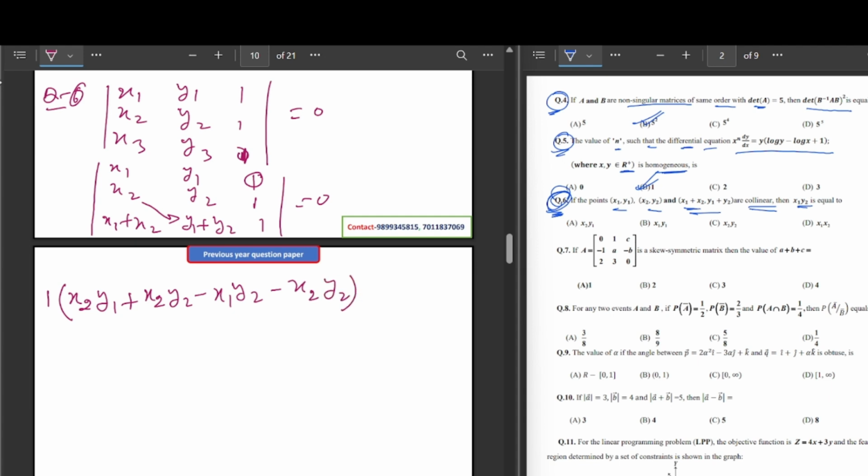After that minus 1, we take this and then solve it: x1 y1 plus x1 y2 minus x1 y1 minus y1 x2.